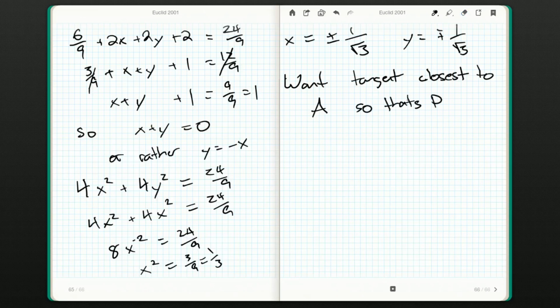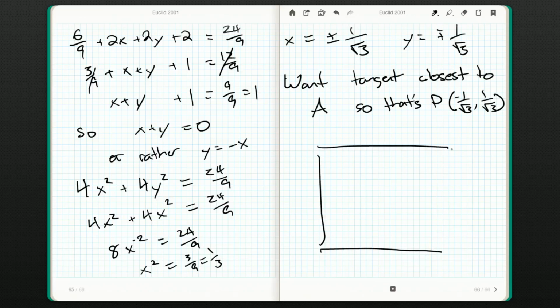So that is P at, well, A was negative 1, negative 1, so we want negative 1 over root 3 and 1 over root 3. So that's theta here. Here's P at negative 1 over root 3, 1 over root 3.